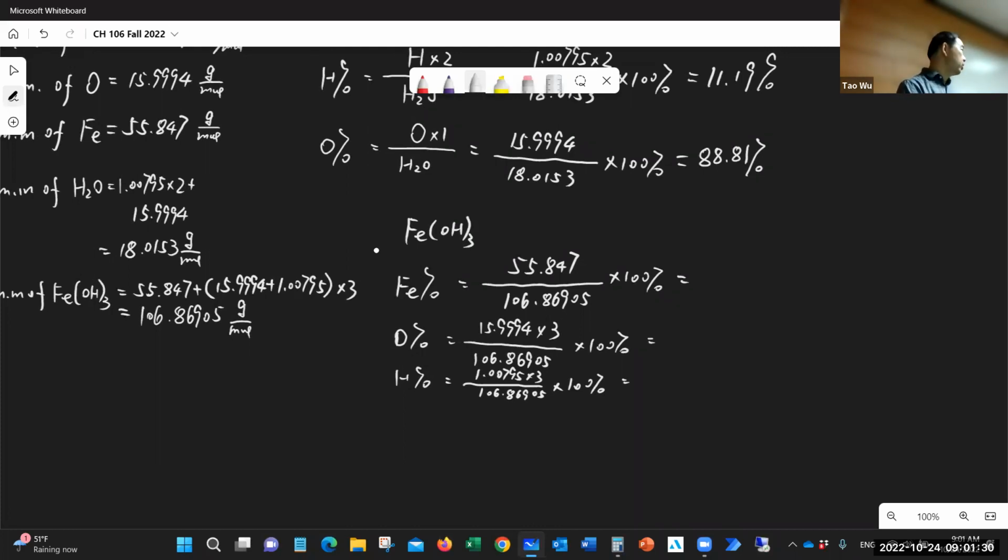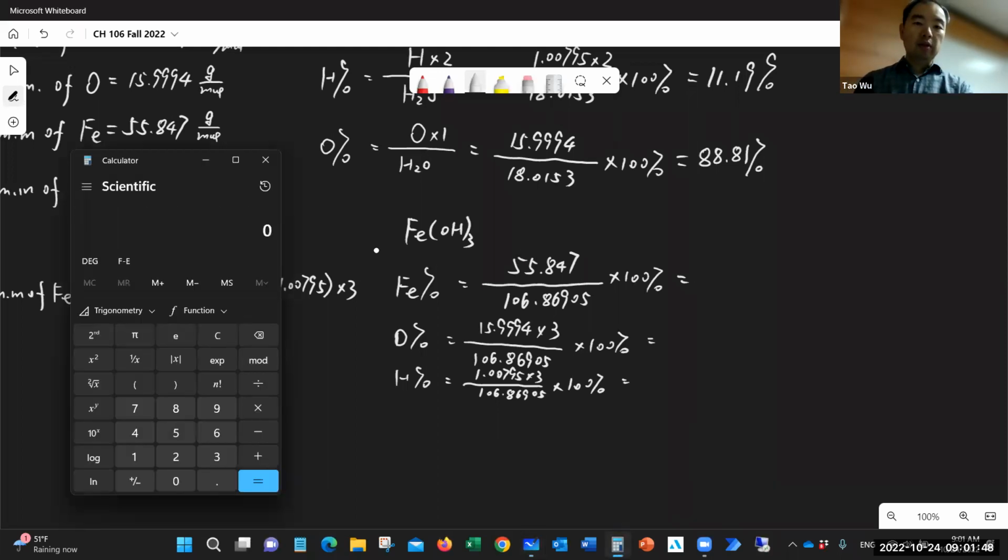We have 3 oxygen and 3 hydrogen in this formula, so you multiply by 3 for oxygen and for hydrogen, but you don't have to multiply anything for the iron, because we only have 1 iron. Once you set this up, it's 55.847 divided by 106.86905, times 100.